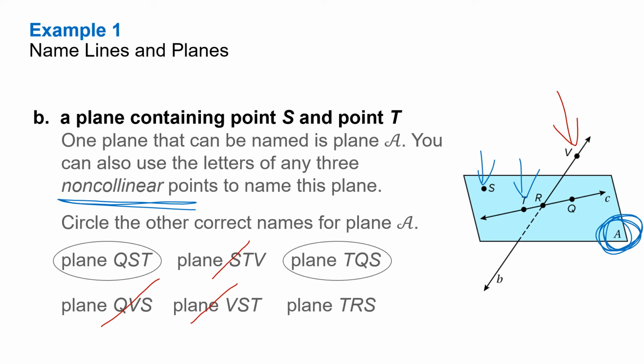Let's look at plane TRS. Again, S is in plane A, T is in plane A, and R is in plane A, and T and R are on line C, but S is not on line C. So those are three non-collinear points. So we have three options to name this plane.